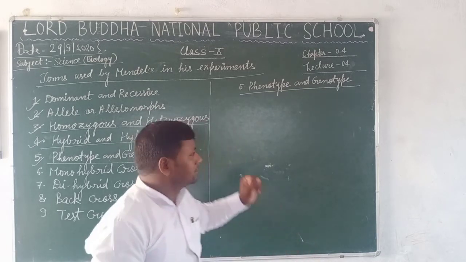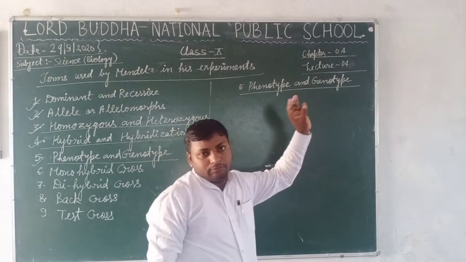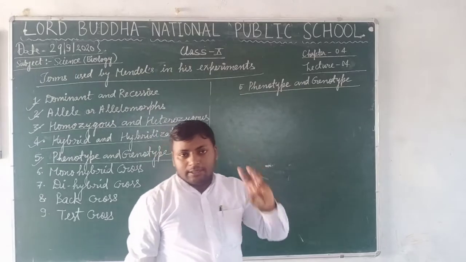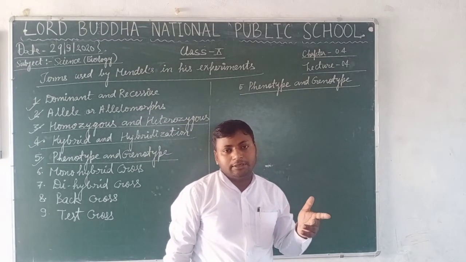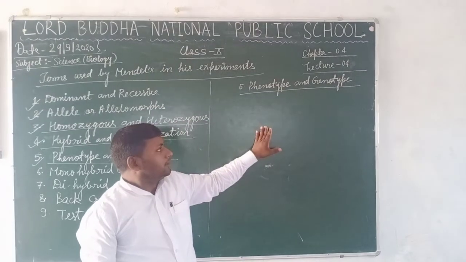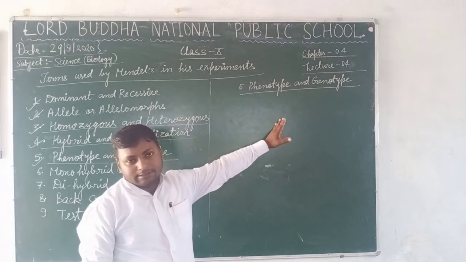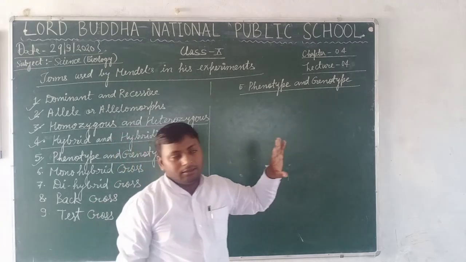Yes, students, the physical characteristics of the individual plants. For example, the stem length of the plant as capital T capital T or capital T small t for tall, where capital T small t is hybrid tall.